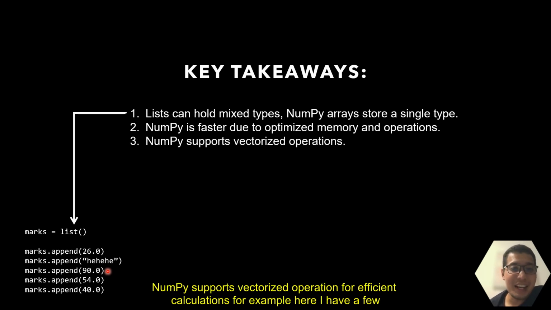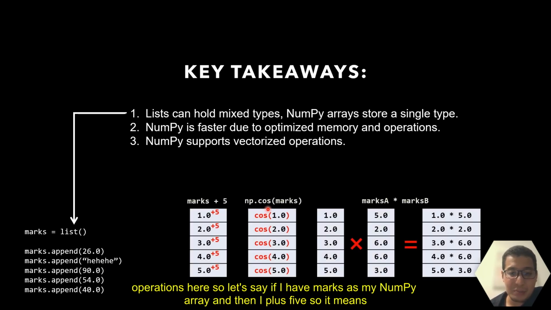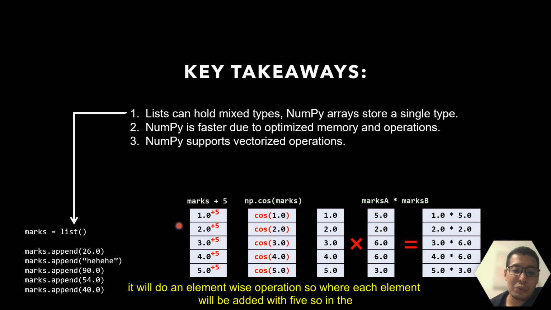Next, NumPy supports vectorized operations for efficient calculations. For example, here I have a few operations. Let's say I have marks as my NumPy array, and then marks plus 5 means it will do an element-wise operation, where each element will be added with 5.